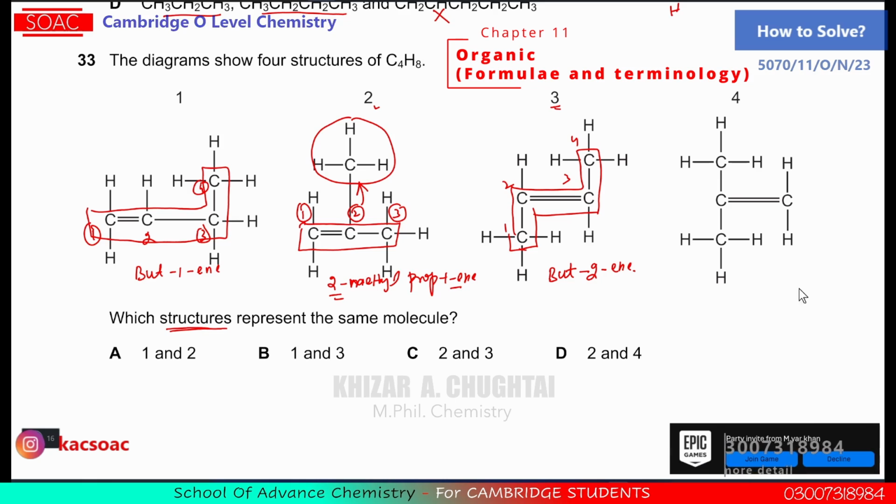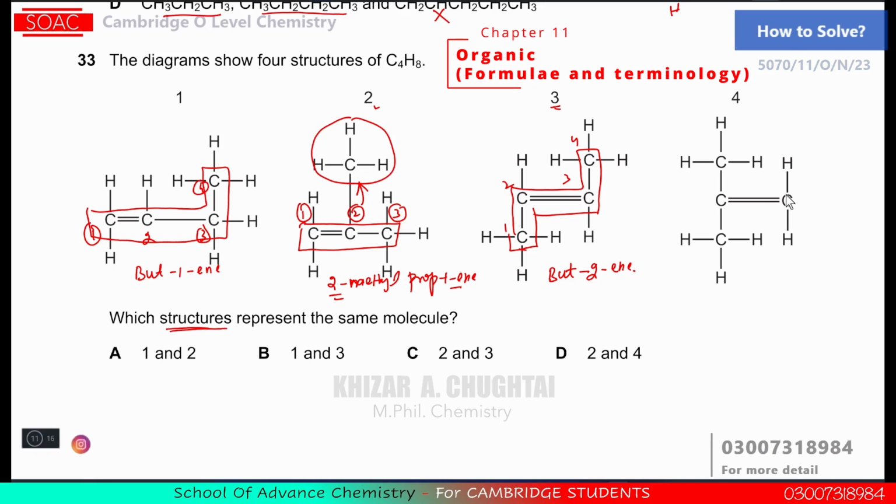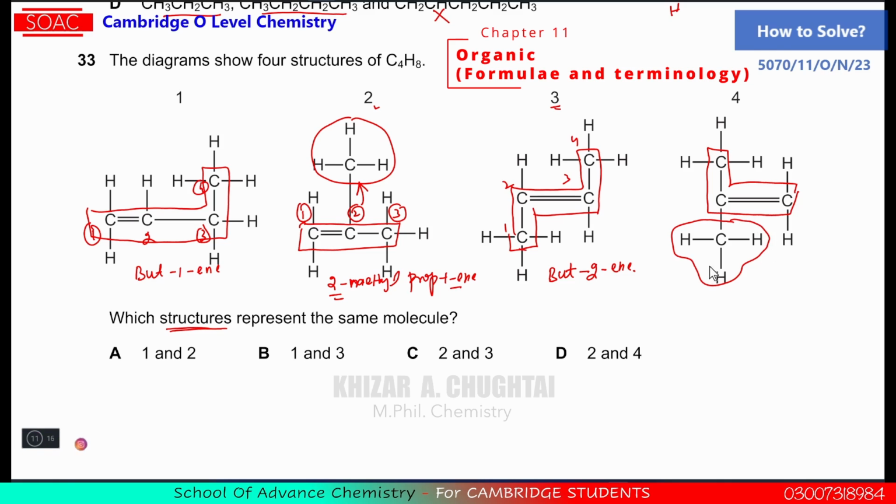In case of 4, once again, I am going to select the longest chain, 1, 2, 3. 3 carbons are over here, and this carbon is not part of the longest chain, and numbering will be started from this end, that is closer to the carbon-carbon double bond. So this carbon is carbon number 1, this is carbon number 2, and this is carbon number 3.